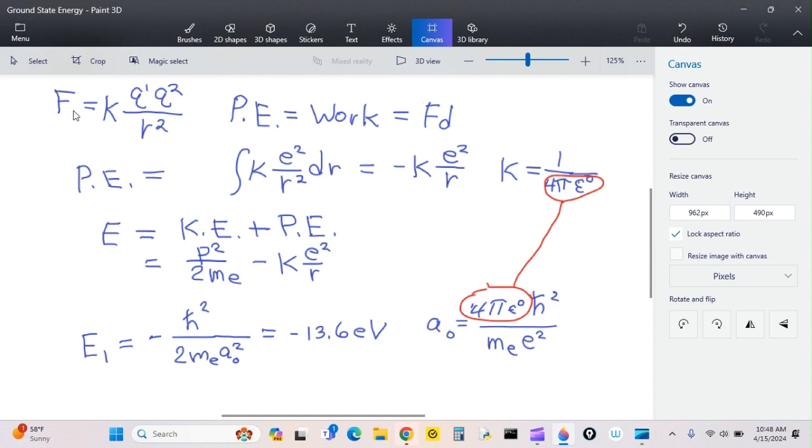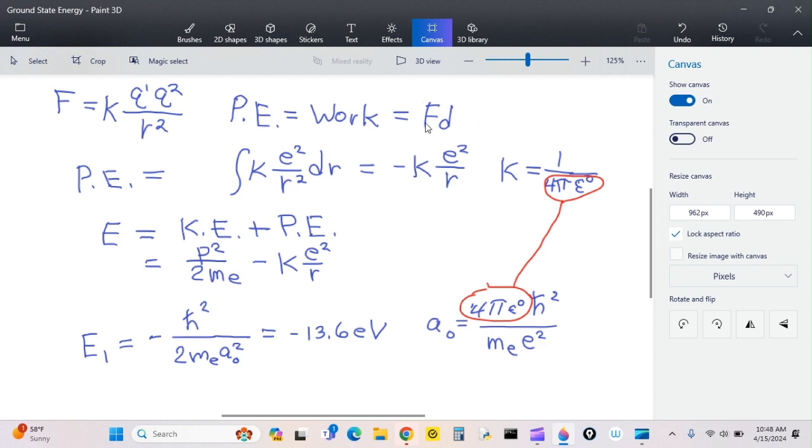Now, what has this got to do with energy? It was the ground state energy that we're after. Well, let's look at an energy that is fairly simple to figure out: potential energy. Potential energy equals the work done by a force over a distance. In other words, you move a little bit over a certain distance and you're doing work.